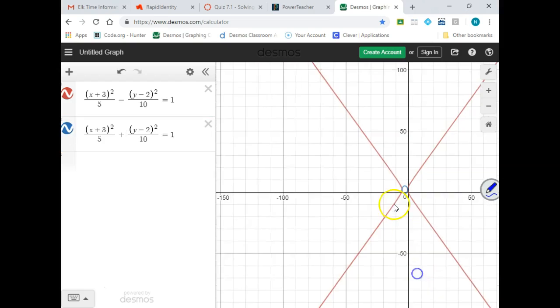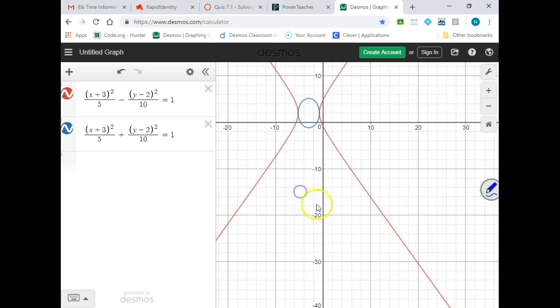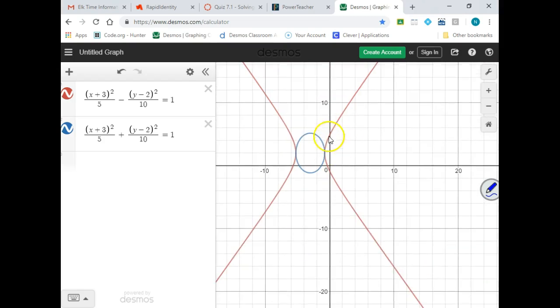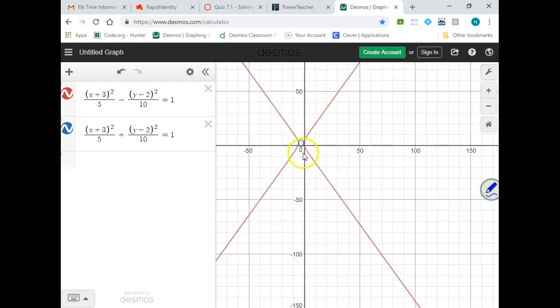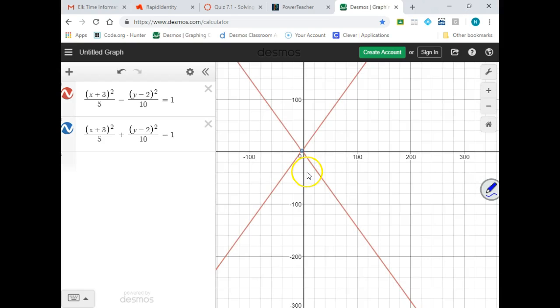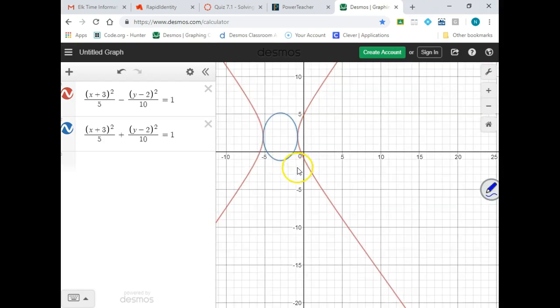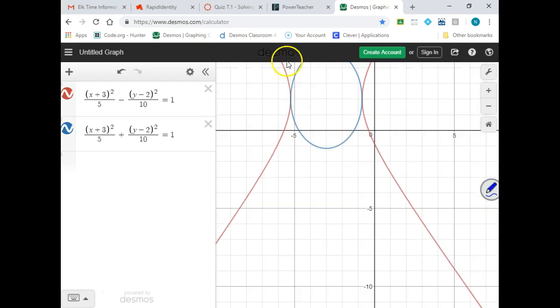Because what happens with a hyperbola is that it curves, but then it gets closer and closer and closer to a line. So if you're zoomed way out, a hyperbola looks like an X. If you're zoomed in, you can see the two curves that are sort of facing each other there.